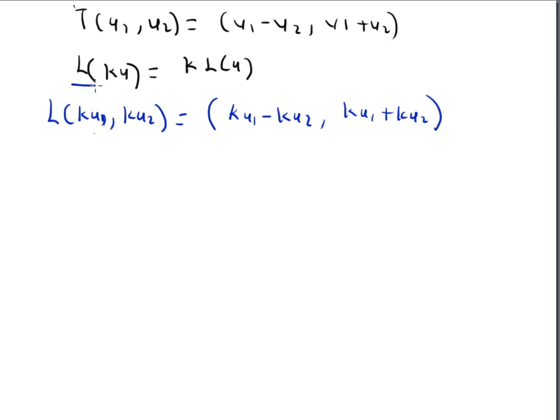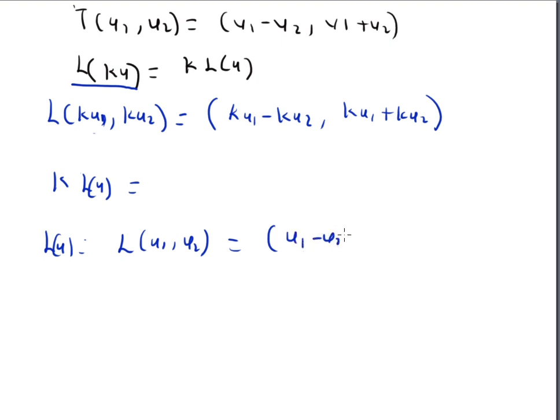Now for kL(u), first let's solve for L(u). L(u) is equal to L(u1, u2), and this is equal to (u1 minus u2, comma u1 plus u2).